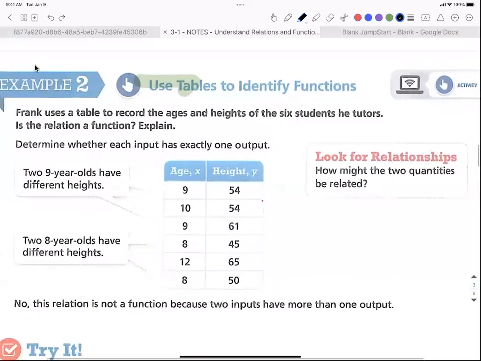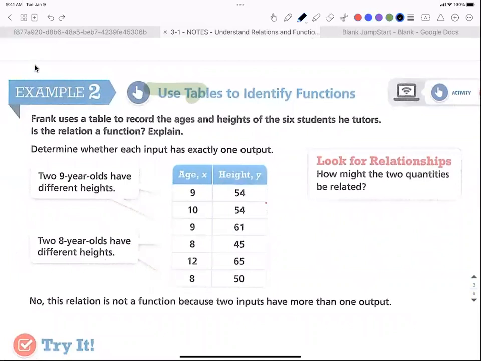So in this case, is it a function? And here's how I want you to write your answer, okay? And yes, this is the mathy. I want you to understand that it's no, it's not a function because 2 of the inputs, which remember those are your x's, two of the x's have more than one output, which is the y. But the way you're going to answer it is I want you to tell me who's cheating. Don't just say no. I want you to say no. And then I want you to list the cheater. And in this case, we have two of them to list.